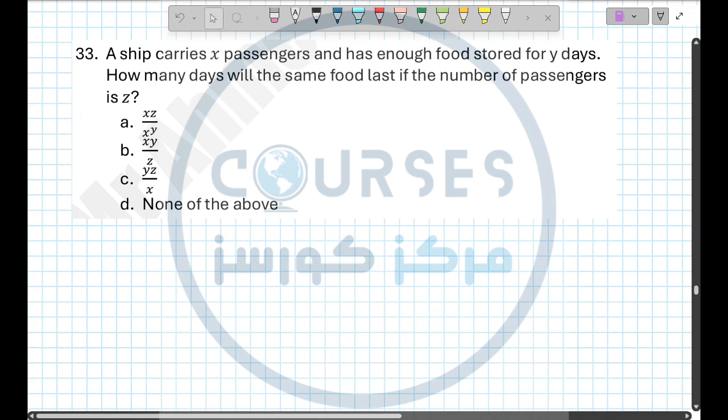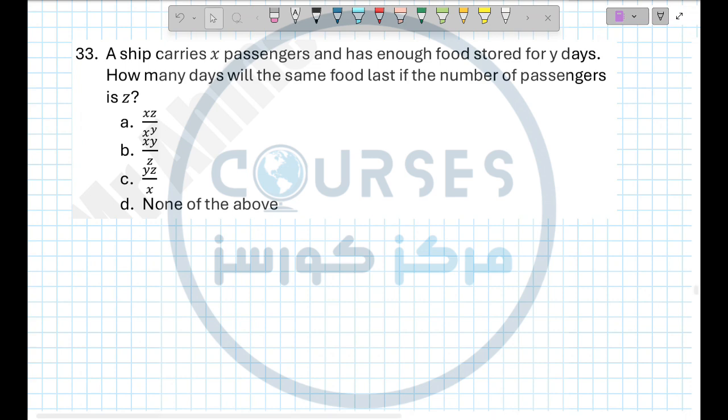Okay. A ship carries X passengers and has enough food stored for Y days. How many days will the same food last if the number of passengers is Z? Okay, so we need to know here. The previous problem, he told me it was a direct variation. This one he didn't mention, so we need to know what type of variation it is. We have a fixed amount of food and passengers for a specific number of days, but the food is constant.